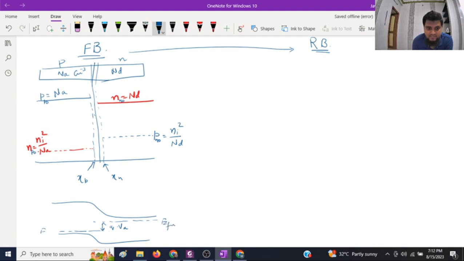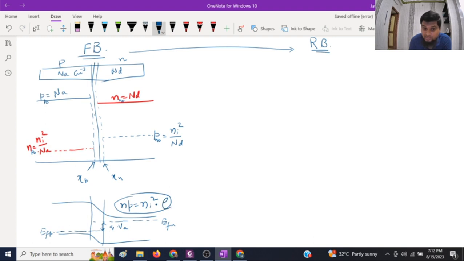EFN and EFP, and hence the normal mass action NP is equal to Ni square is not valid in case of forward bias around the junction.